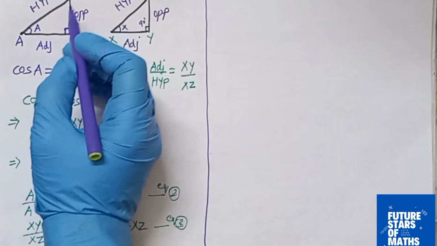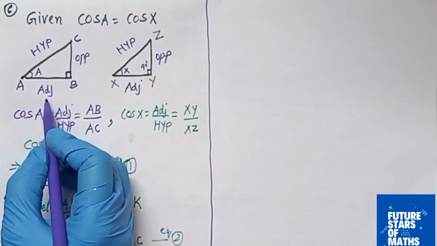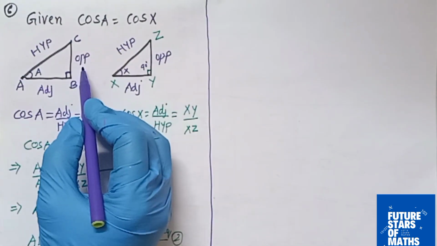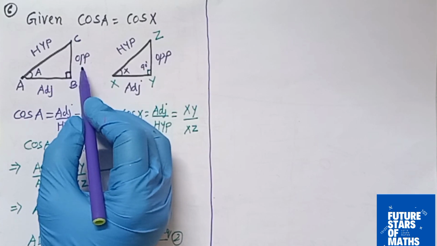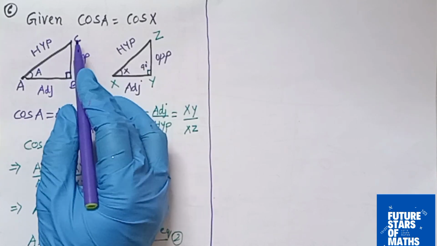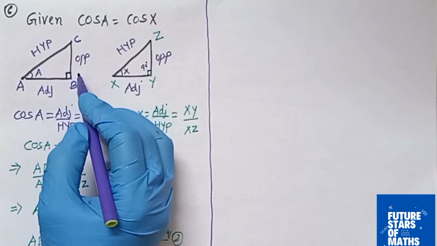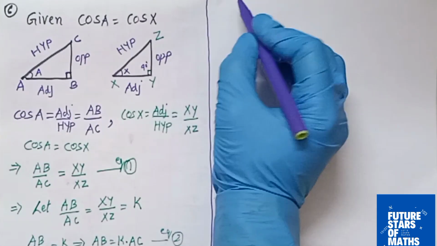Now you observe this triangle, students. Here the adjacent side and the hypotenuse side we have used, but we didn't use the opposite side. So what will this opposite side be equal to? How can we get this? By using our Pythagoras theorem.